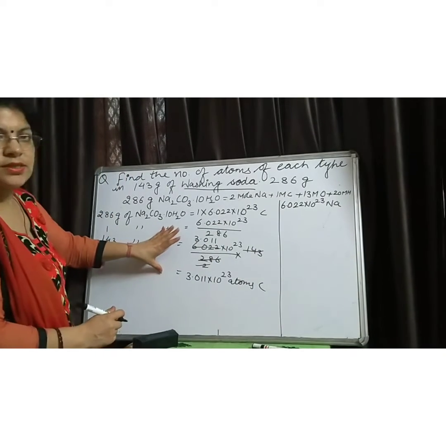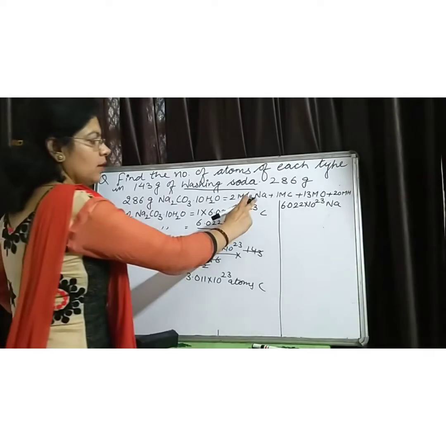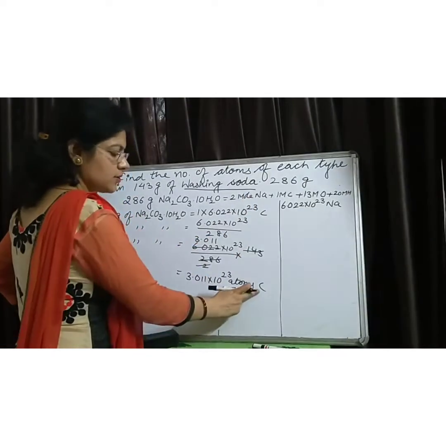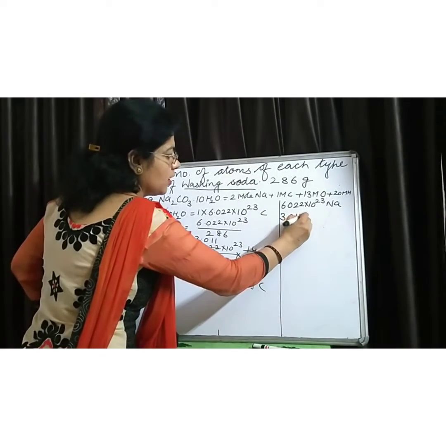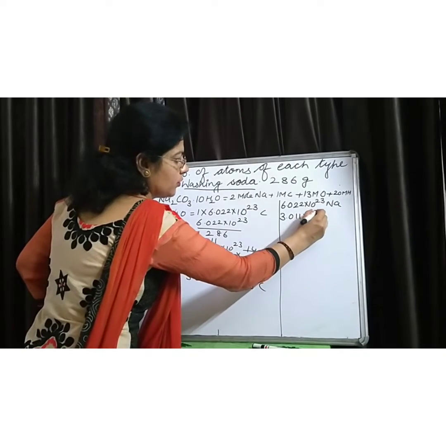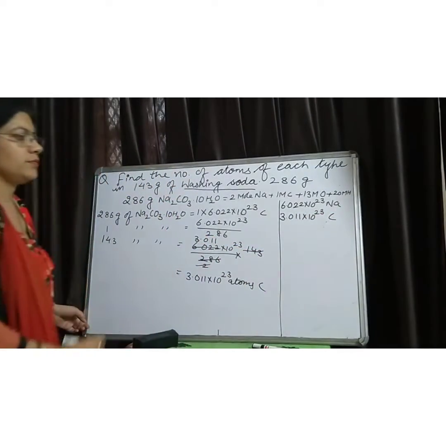So I write here the atoms of carbon, that is 3.011 into 10 raised to power 23.